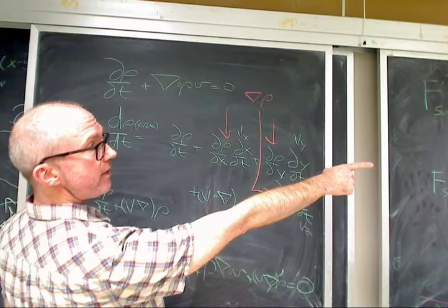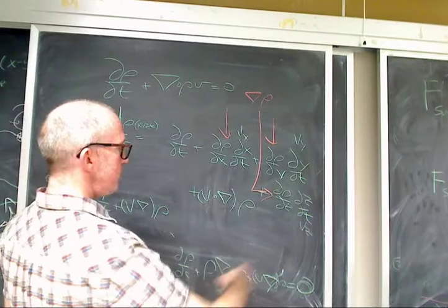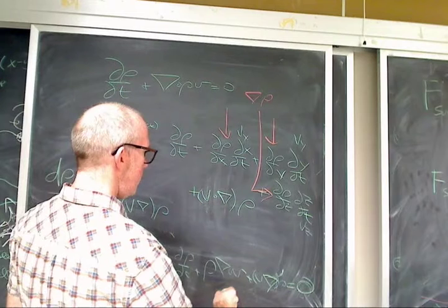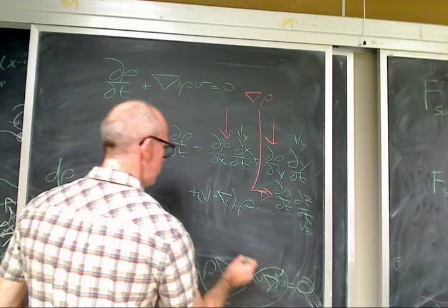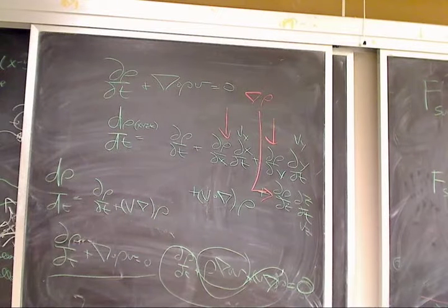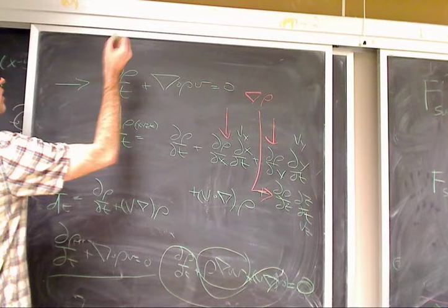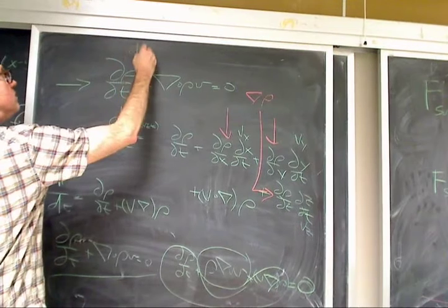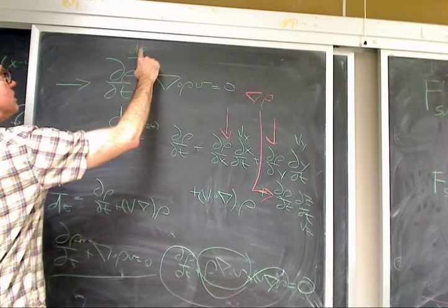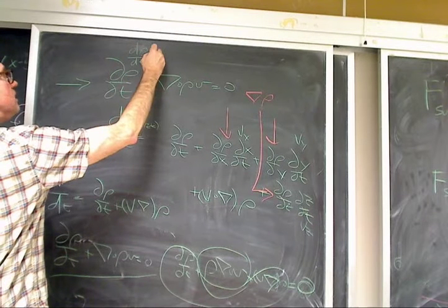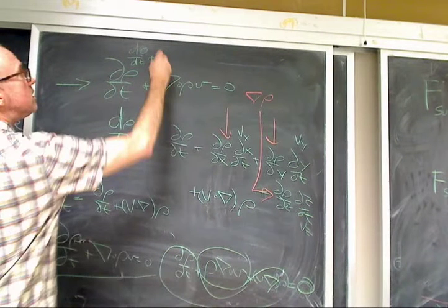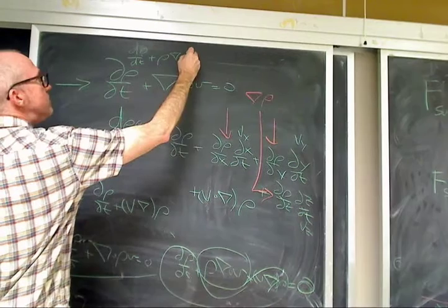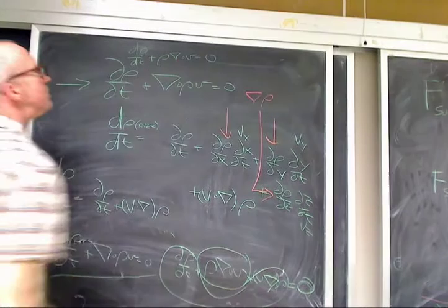So it's a lot like that other equation that we had. But we've expanded this out, so now we see what the time derivative is equal to. Does it follow? So this is true. I can also say that d rho dt plus rho div v equals 0.